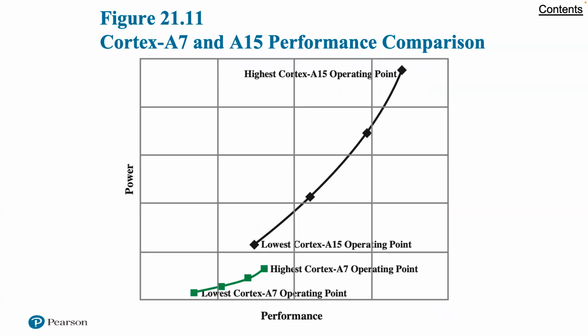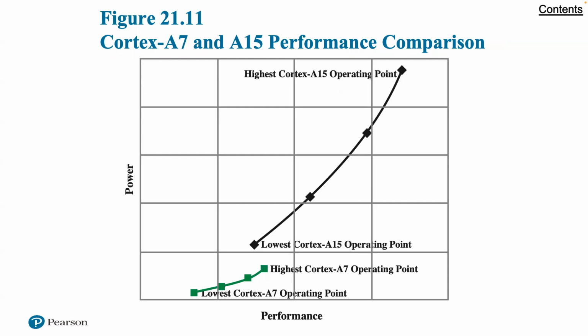The energy consumed by the execution of an instruction is partially related to the number of pipeline stages it must travel. Therefore, a significant difference in energy consumption between the Cortex-A15 and Cortex-A7 comes from the different pipeline complexity.